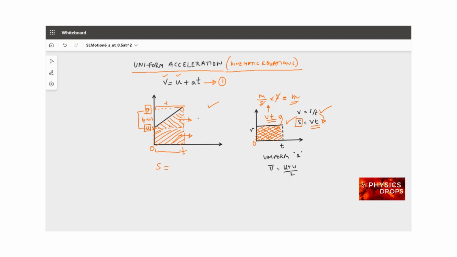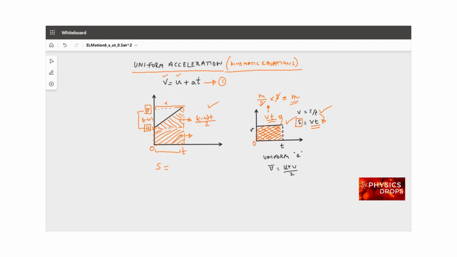So v minus u times t is the area of the rectangle on the top, but this black solid line is the diagonal which splits the rectangle into two equal halves. So half of the area of this rectangle is the area of the shaded triangle here: v minus u times t divided by 2, or half of v minus u times t.